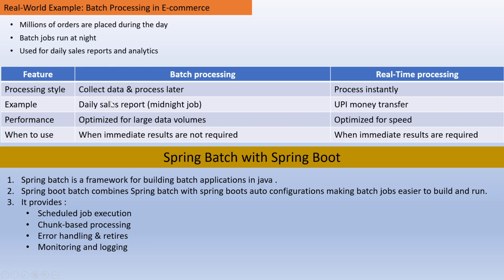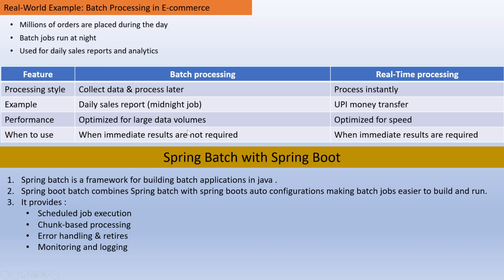Now, features of batch processing. When will we choose batch processing, and when will we choose real time processing? When we collect data and process it later, like reports and analytics, we choose batch processing. If we need to process instantly, then we go for real time processing, like a UPI money transfer. Batch is performance optimized for large data volumes and optimized for speed, when immediate results are not required.